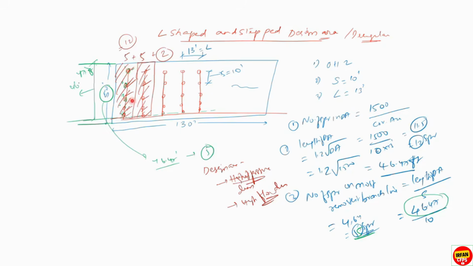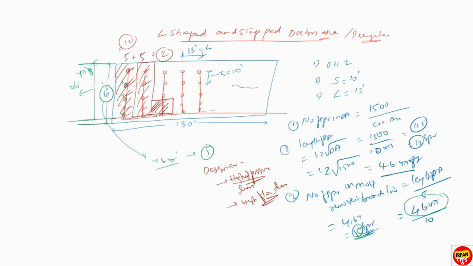But you will get the highest flow near the cross main, right? Because all these other sprinklers are already selected. So you have these 2 sprinklers here, and you need to select these 2 sprinklers for the design area.